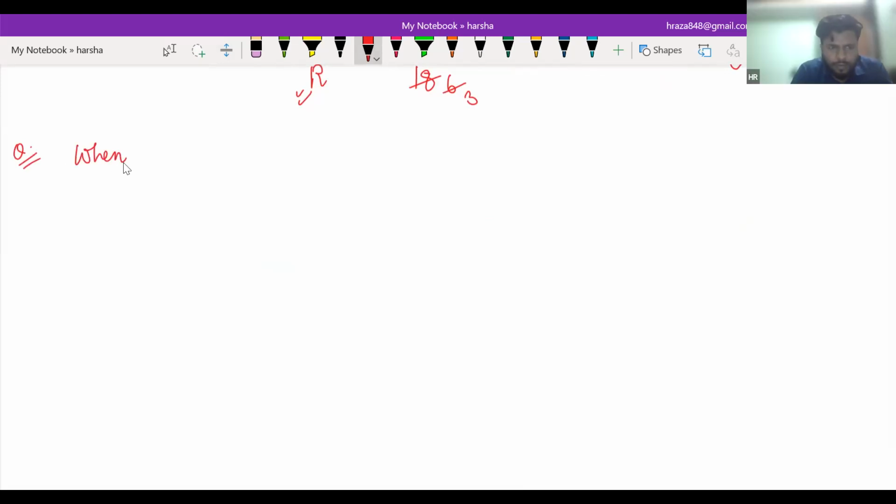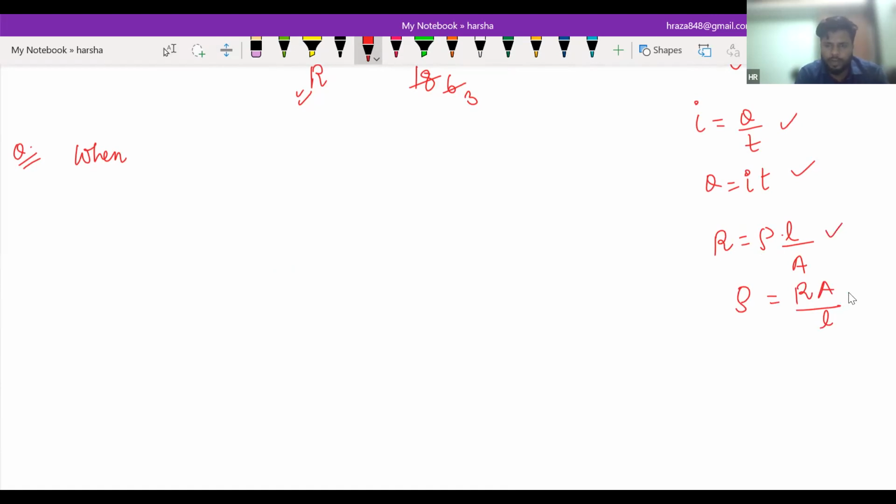This chapter has very few formulas. Like I already taught you that I is equal to Q by T, so you can also write Q is equal to I into T. These two formulas, or you can say one formula. Again, we had a formula, resistance R is equal to rho L by A, or you can also write rho is equal to R A upon L. This is also one formula, but we can make two with the same formula.